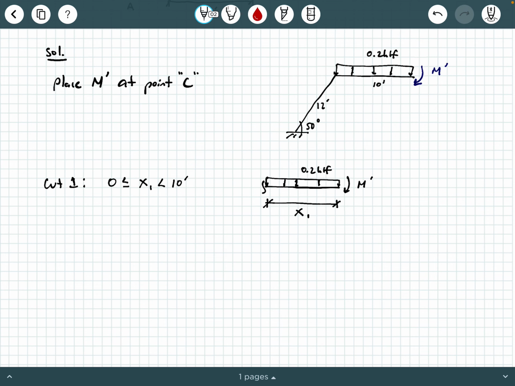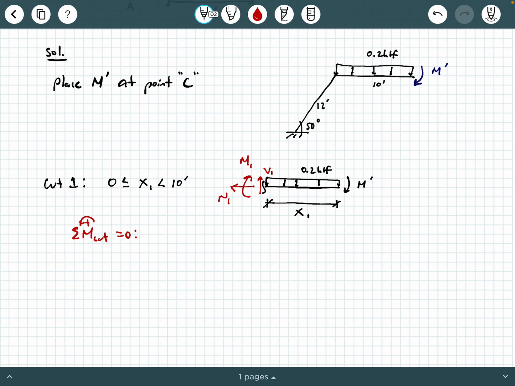We've made this cut here, and we're going to have this internal moment M1 become visible. Obviously we're going to have a V1 and an N1. N1 will be 0 here, but we're really just interested in M1. So sum of the moments about the cut equals 0, counterclockwise positive.